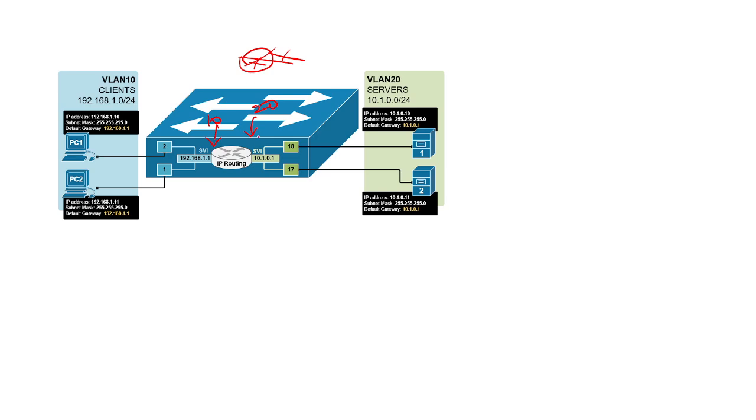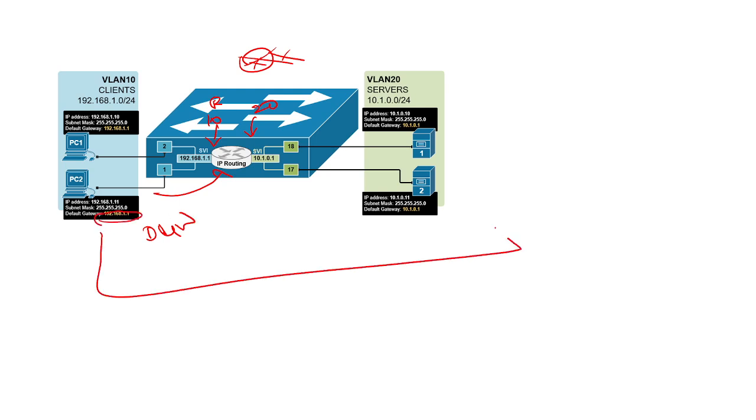So I created two SVI interfaces here. When I send the traffic, it comes to the default gateway, which works as usual. As you can see, my default gateway is 192.168.1.1. PC2 is sending traffic to server 2. It knows that 192.168.1.11 and 10.1.0.11 are in different subnets, so it has to send the traffic to the default gateway, which is our SVI interface.